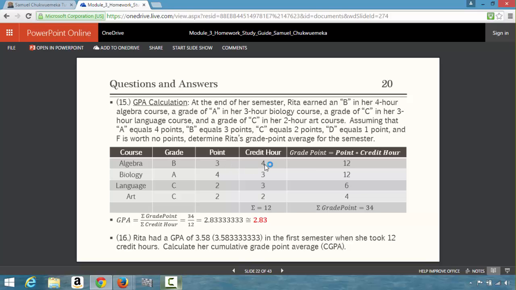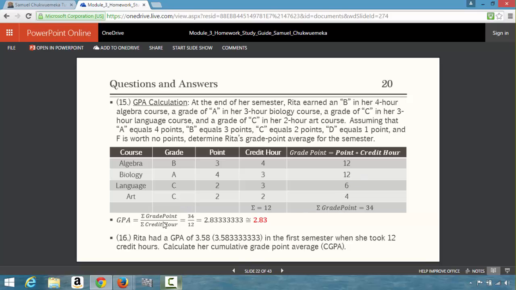It's a 4 credit hour course, so 3 times 4 gives you 12. She made an A in biology, a 3-hour course, and A is equivalent to 4 points, so that gives her 12 points. Similarly, a C in the language course, a 3-hour credit course, gives her 3 times 2, 6. And then 2 times 2 gives you 4 for the art course.